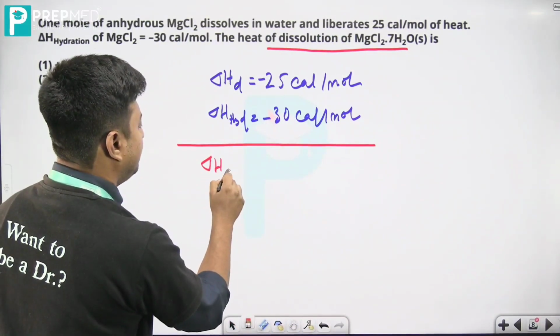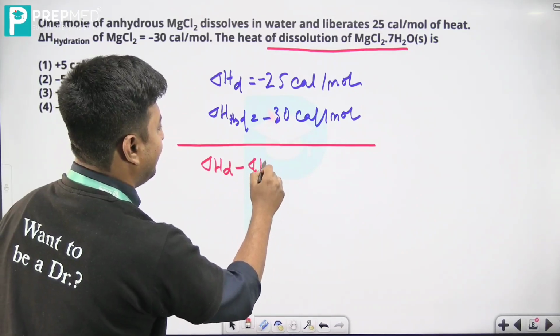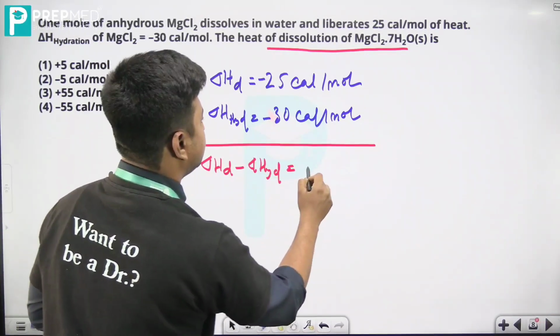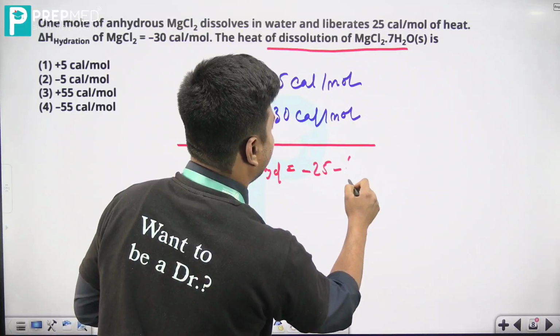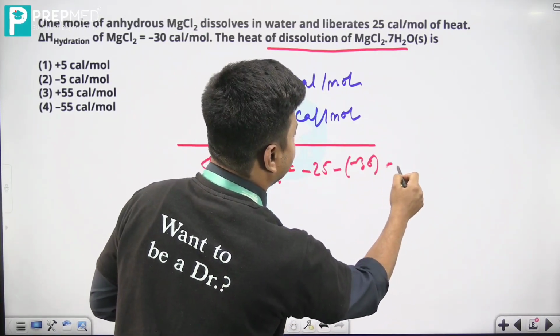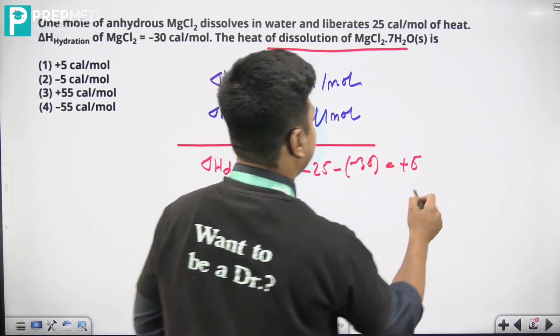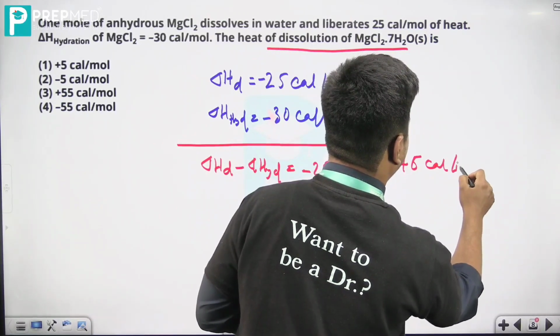Delta H D minus delta H of hydration, which is equal to -25 minus -30, that is +5 calorie per mole.